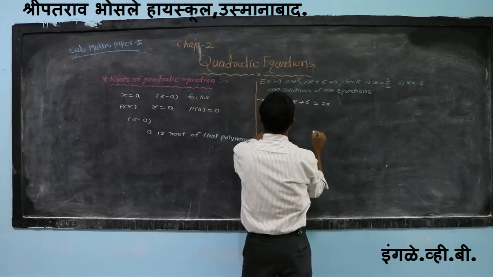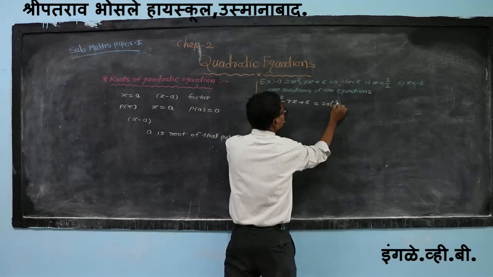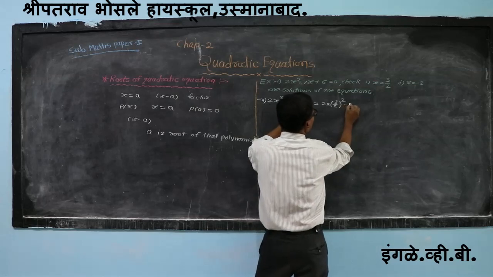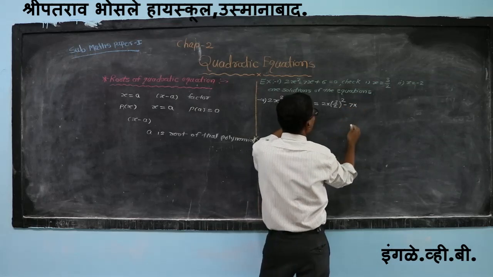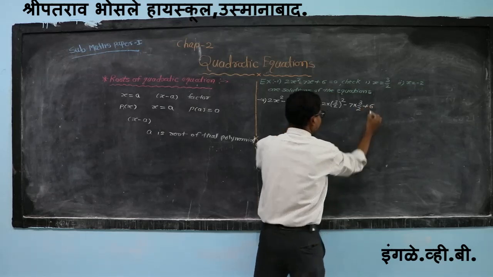Now we put the value of the variable x in the equation. 2 into x square, the value of x is 3 by 2. So 2 into (3 by 2) whole square minus 7 into 3 by 2 plus 6.